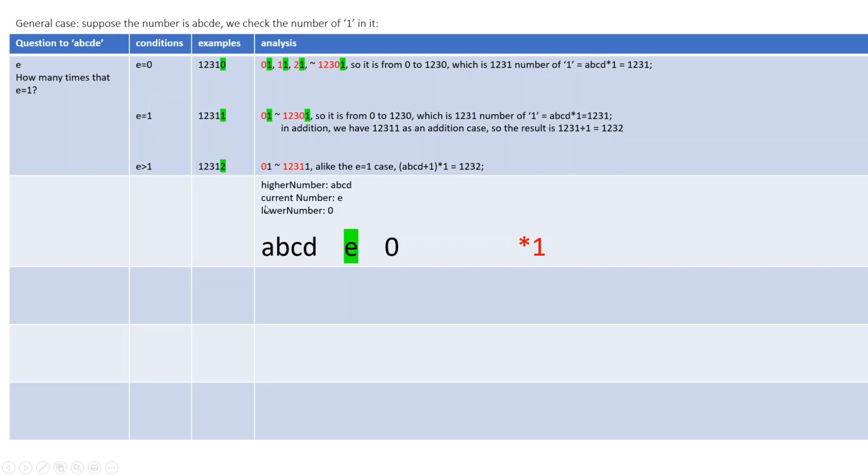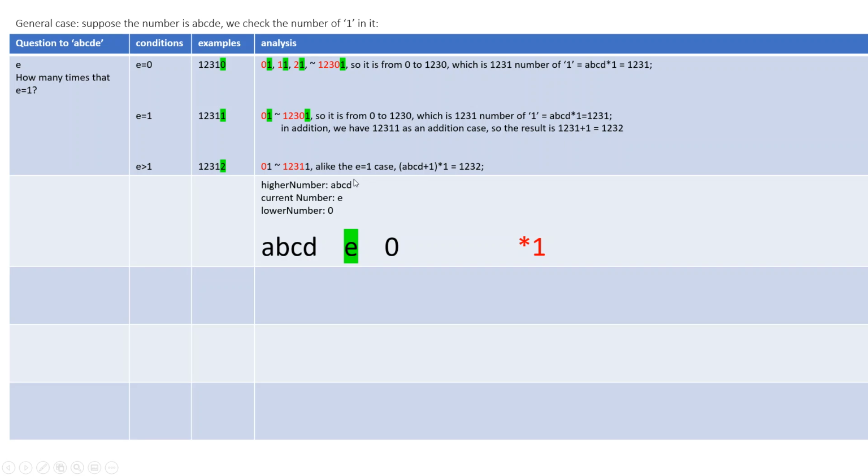At these three conditions, they also depend on the higher number. When we get rid of E, ABCD is its higher number, and its lower number is 0, even though there is nothing here, because E is already the lowest digit. So we times 1.